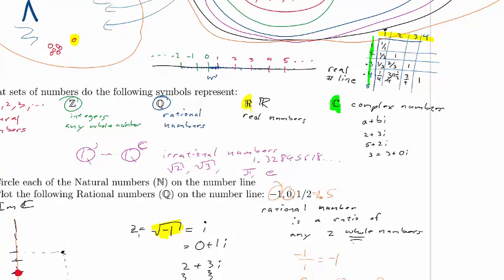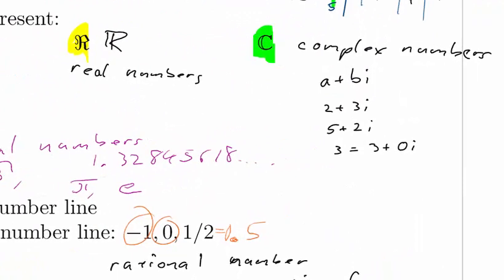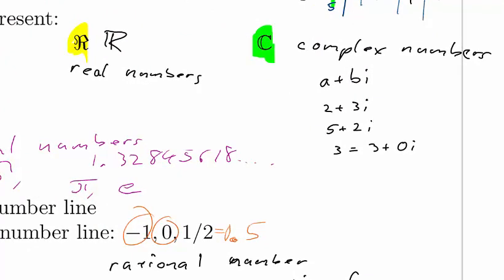Rational numbers are the ratio of any two numbers. Keep that in mind. And a real number is simply any number that exists on the real number line. And a complex number encompasses everything in the complex plane as well.